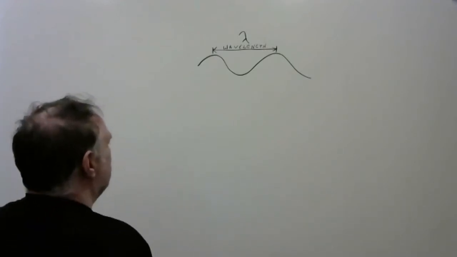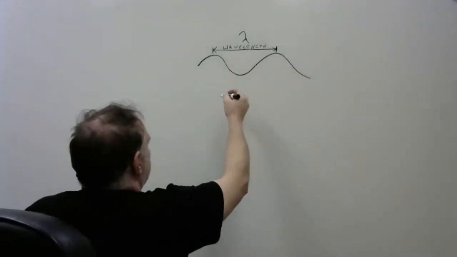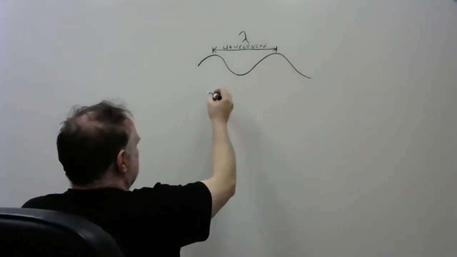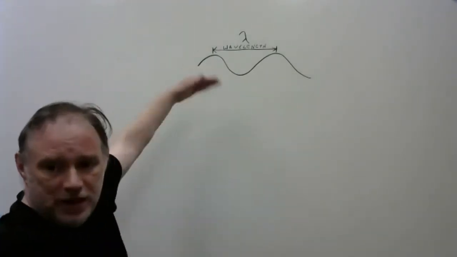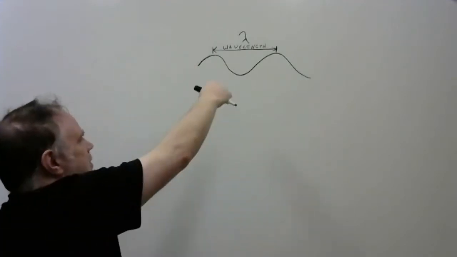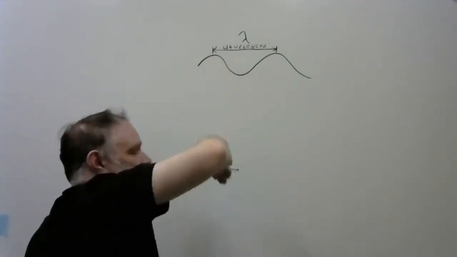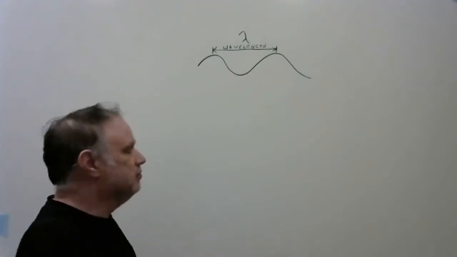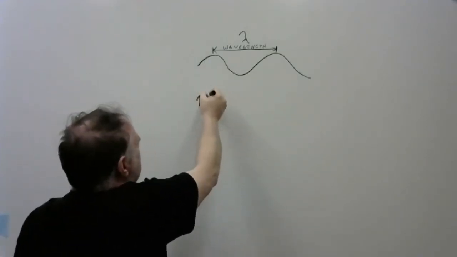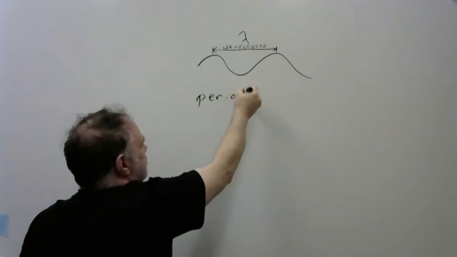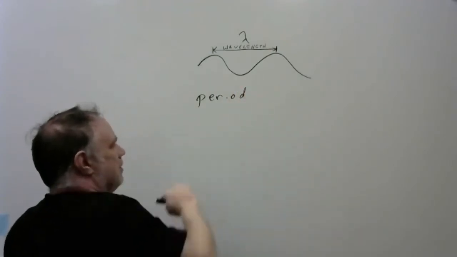Okay, now the other thing that we talk about is what's called the frequency. Now, when a wave moves up and down, the time it takes for the wave to go up and down like that would be one period. But these waves are waving so fast that these periods are just too hard to measure. So we talked about period before.